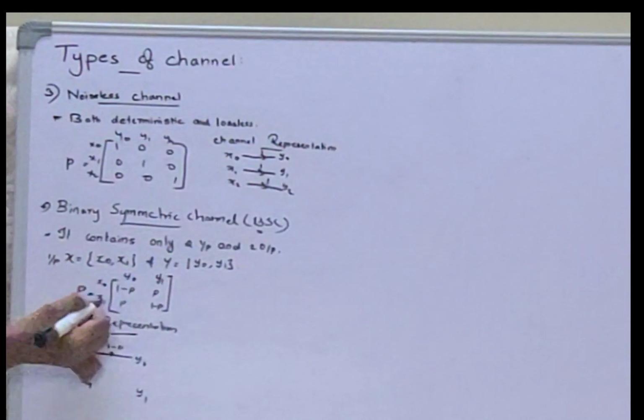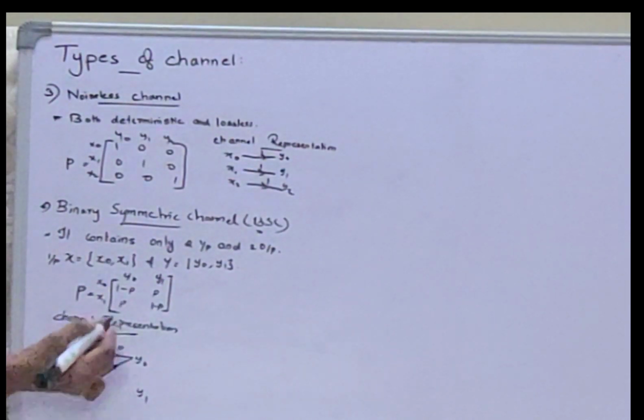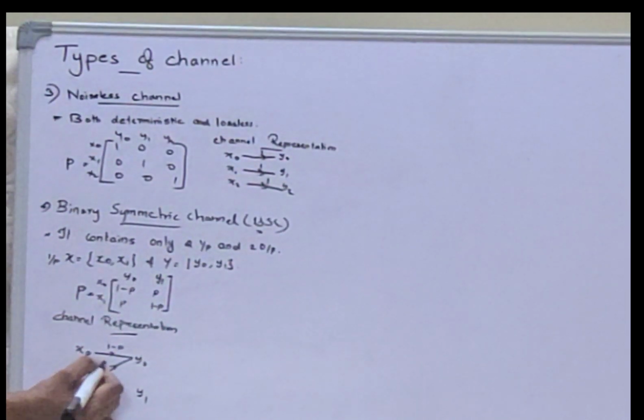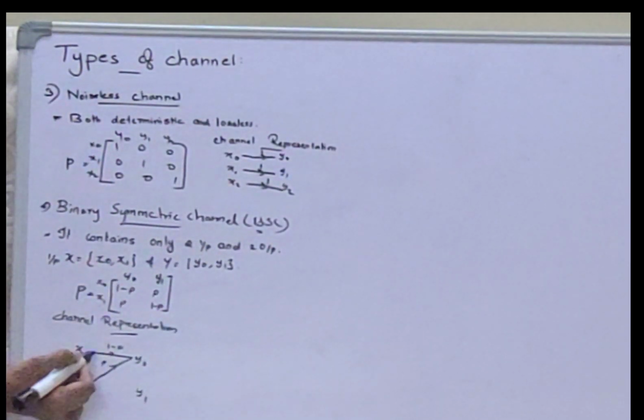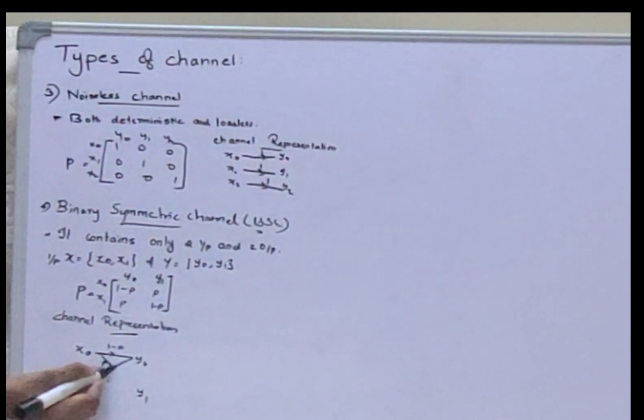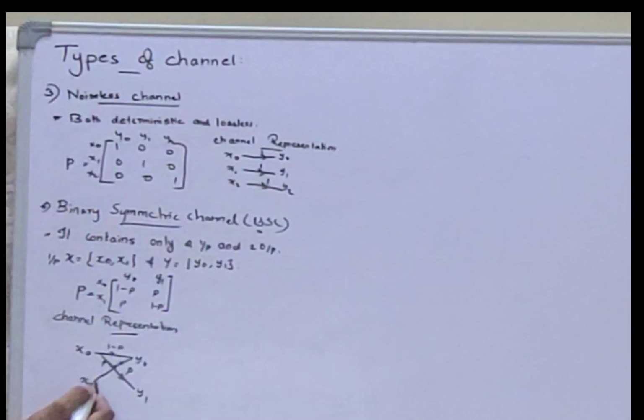Likewise, the probability of y1 when x0 is transmitted is p, and the probability of y1 when x1 is transmitted is 1 minus p. So this is the channel representation of the binary symmetric channel.